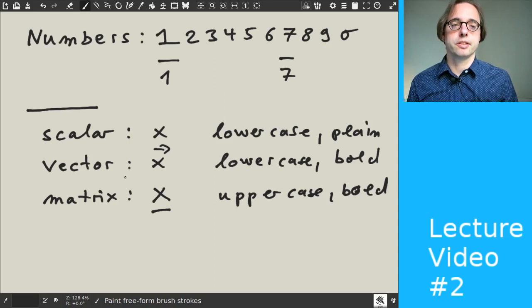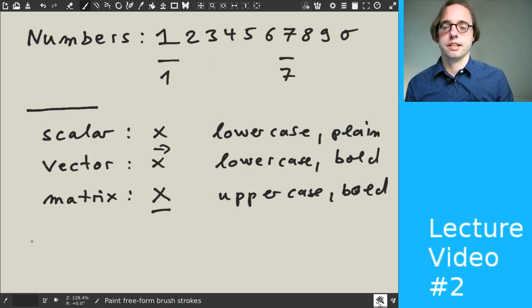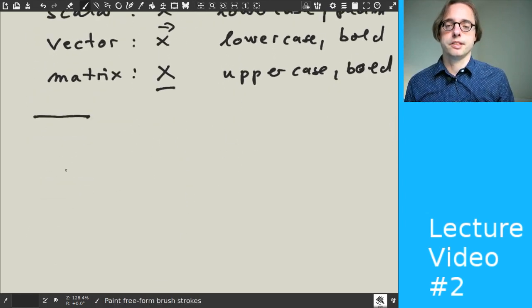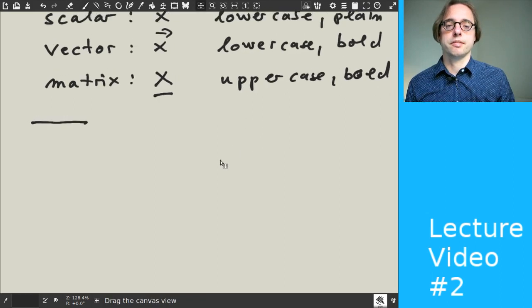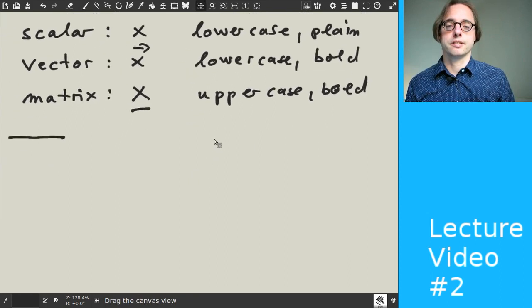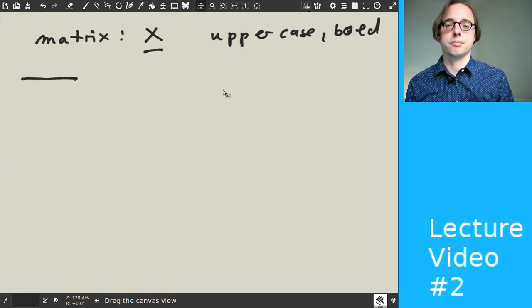Otherwise it will be a bit messy. For instance, if I say A is a matrix and B is a matrix, then it's clear. So sometimes just uppercase is also fine in handwriting, but when it's printed, we always adhere to this standard. When I write it here, sometimes I get a little bit sloppy.